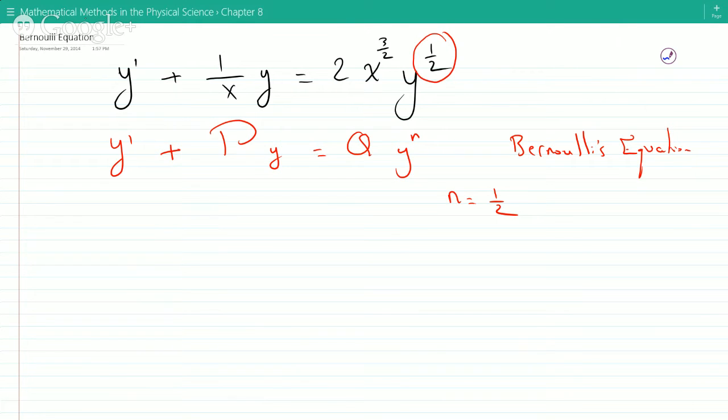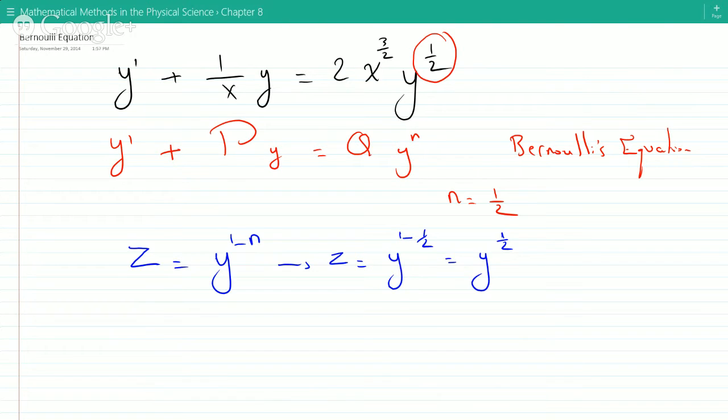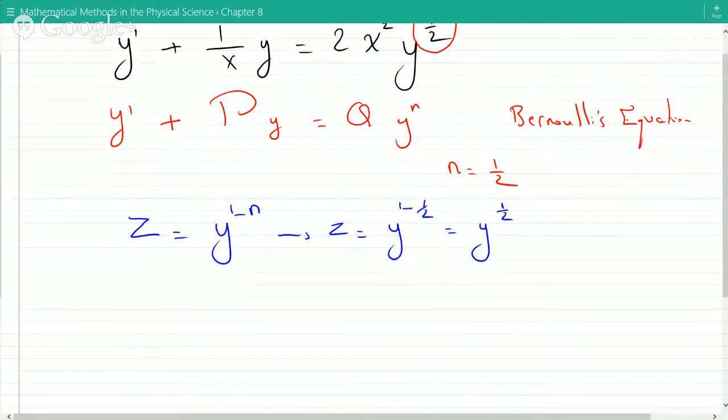That transformation entails the substitution of z equals y to the 1 minus n. So z equals y to the 1 minus half, which is y to the half. Now you do a transformation from y to z.